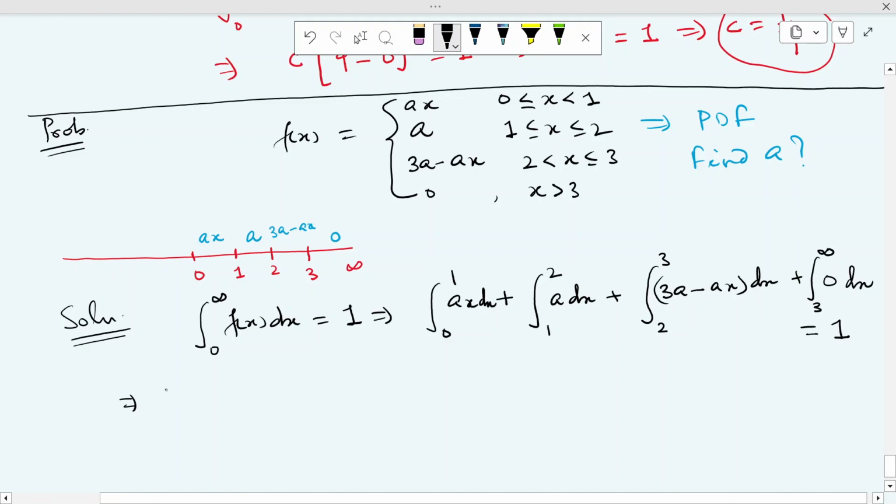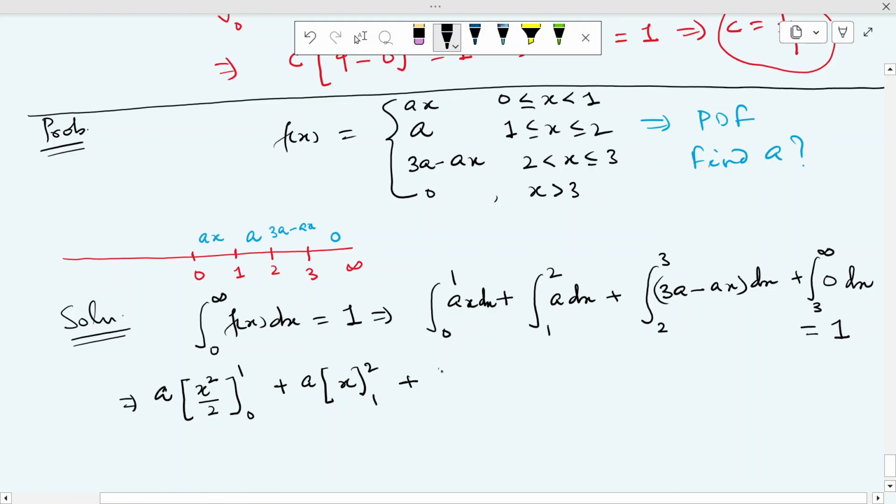So from here you will obtain that a is a constant, so you can take it out from this integral, and when you integrate x, this value is x square by 2, and we are having the limits 0 to 1. Again a is constant, so when you integrate here, it is coming out as x, and you are putting the limits.